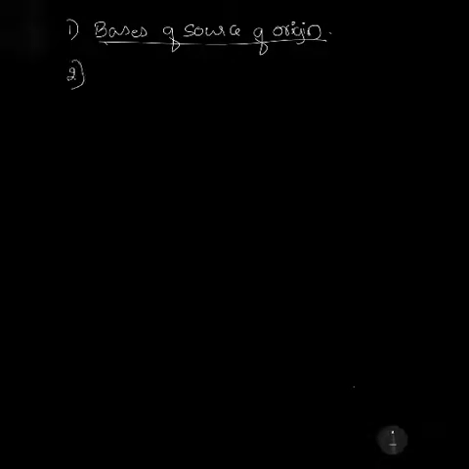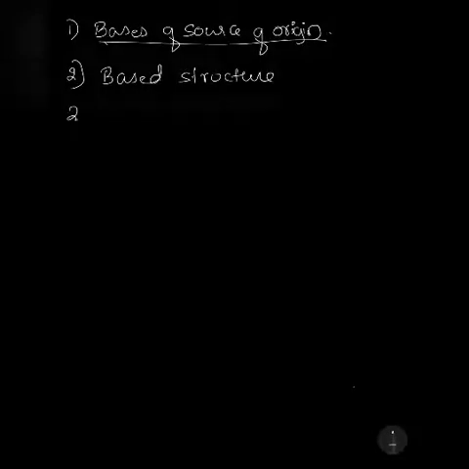You can classify polymers on the basis of source of origin, meaning how they are extracted. This is one of the classifications. The second one is based on structure. The third one is based on mode of polymerization, how you prepare them.